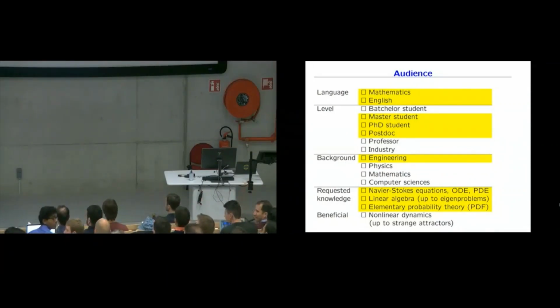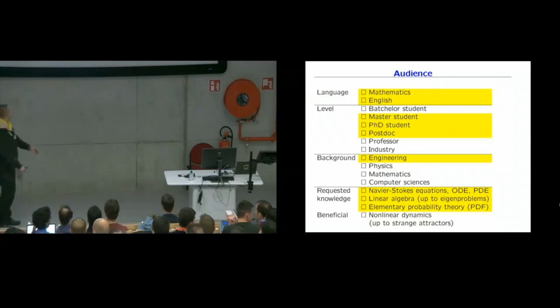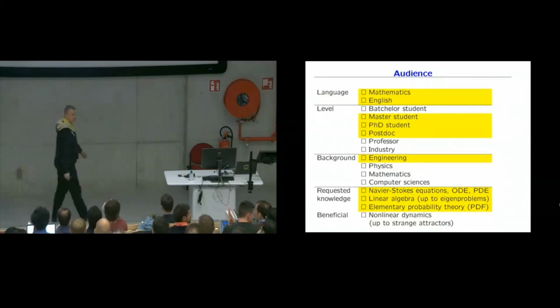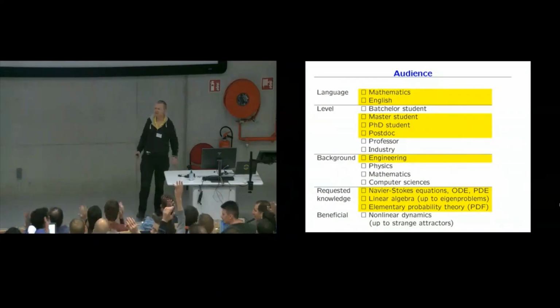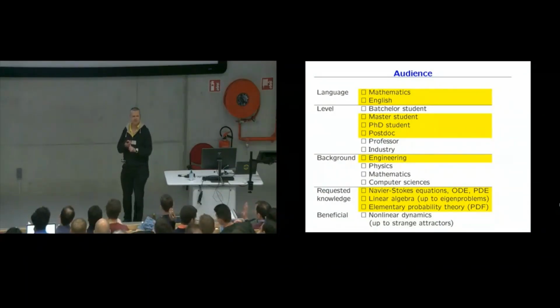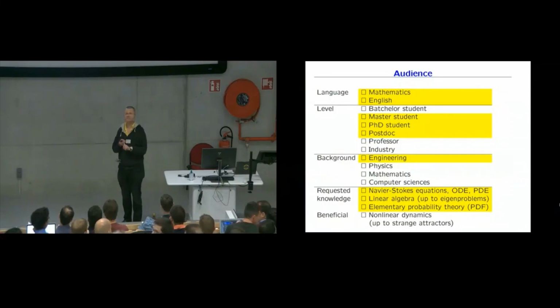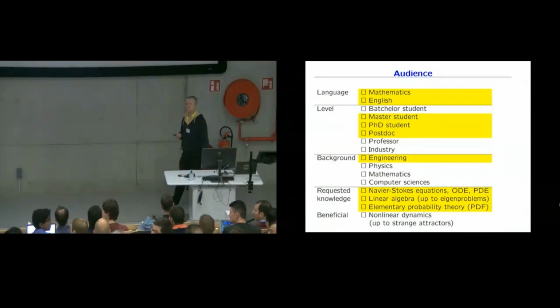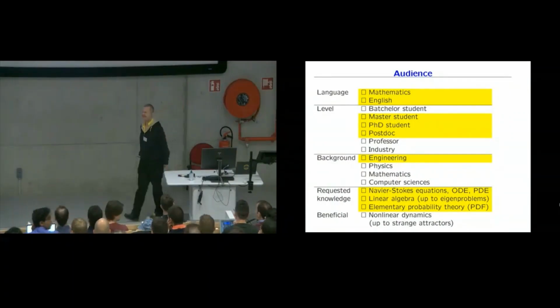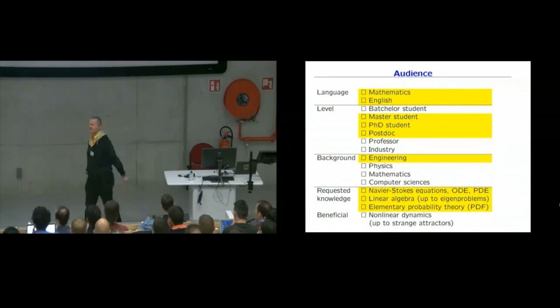And I see a couple of old people here. So who is professor and from industry? Good. Okay, so we have a pretty broad spectrum of people here. Now, who is in fluid mechanics, engineering? The majority, as expected. Physics? A couple. Computer sciences? Good. So maybe you can teach us something.